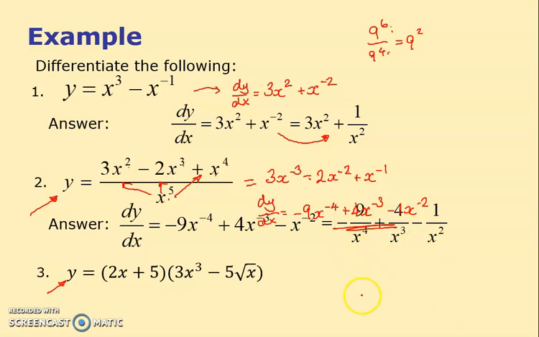The last one, I've got to multiply this out. So first of all I need to make sure I know what this is. This is 5x to the half. We've already said that square rooting is the same as x to the half, so when I do my multiplications, that's what I'm going to use. So I've got 2x times the 3x cubed, which gives me 6x to the 4. I've got 2x times by this thing, which gives me minus 10x.